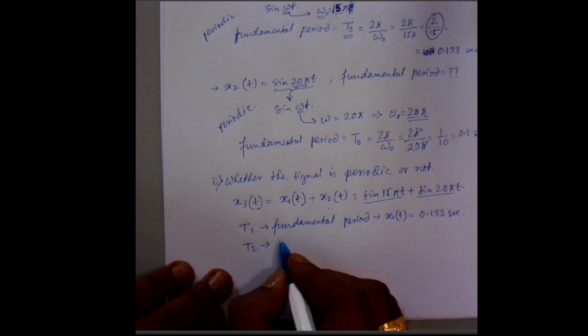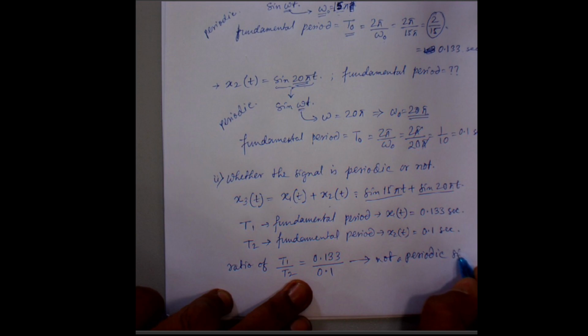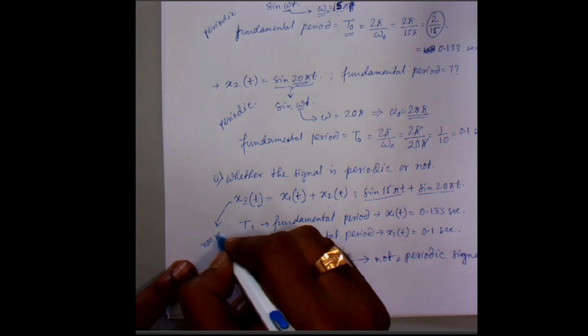So I can say this is not a periodic signal, or I can say the signal is non-periodic. Okay, so this type of question you will get in your exam, in MCQ type questions.